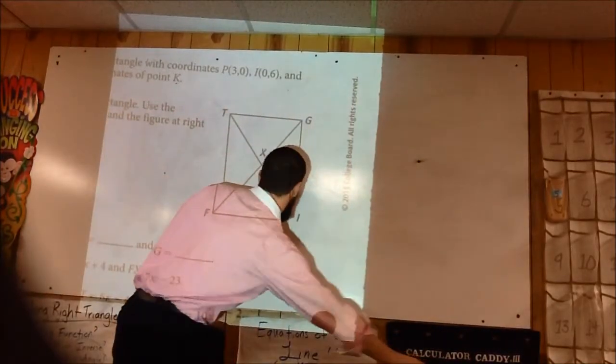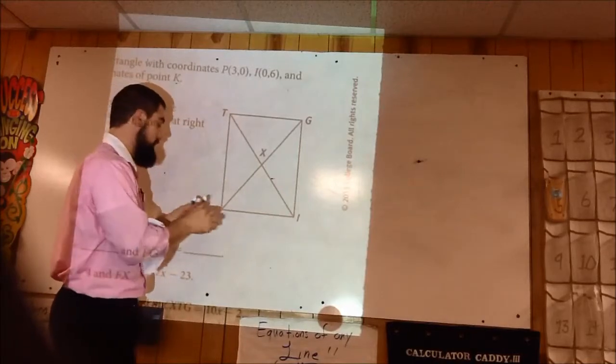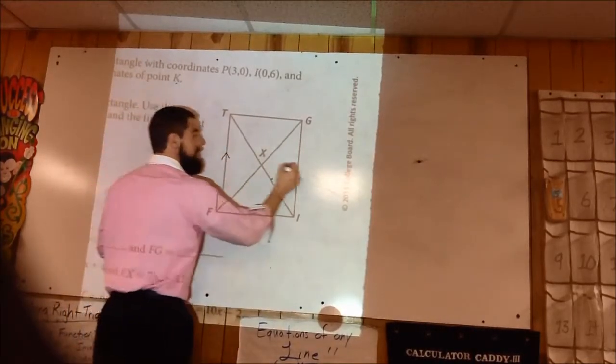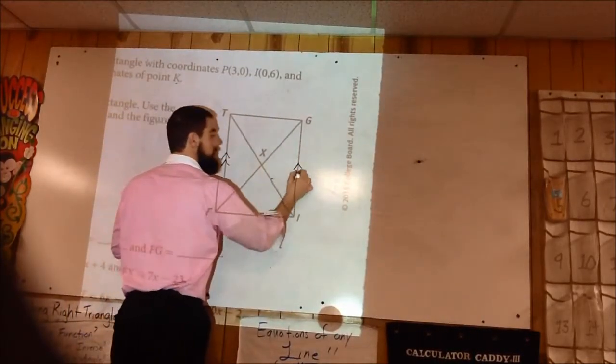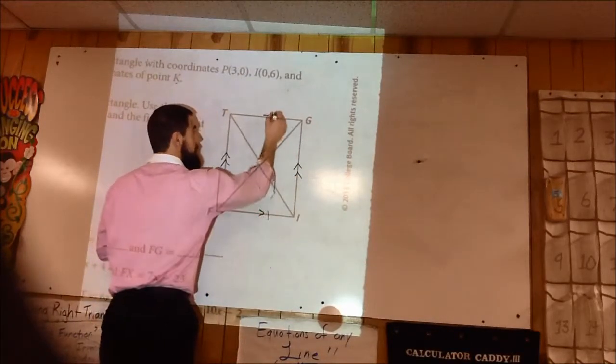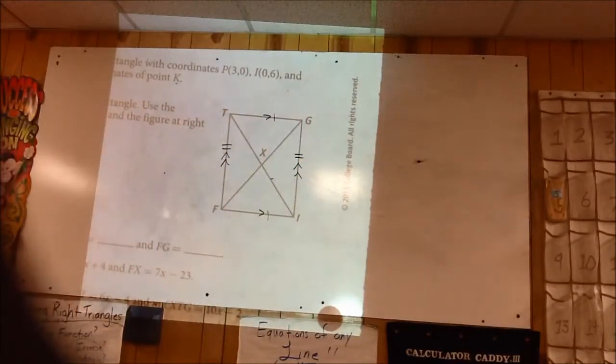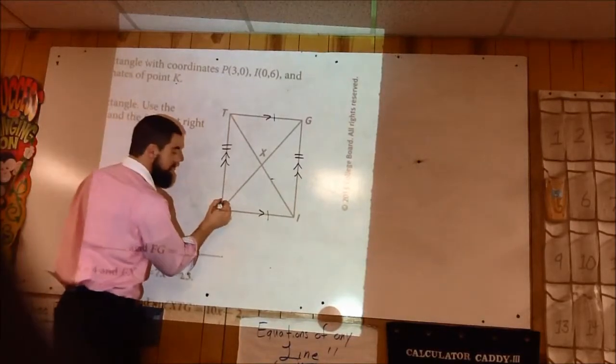Okay, so first off, it is a parallelogram, so you know that opposite sides are parallel and congruent, obviously. So I'm going to say that. So parallelogram, opposite sides parallel and congruent. I know that all of these are right angles.